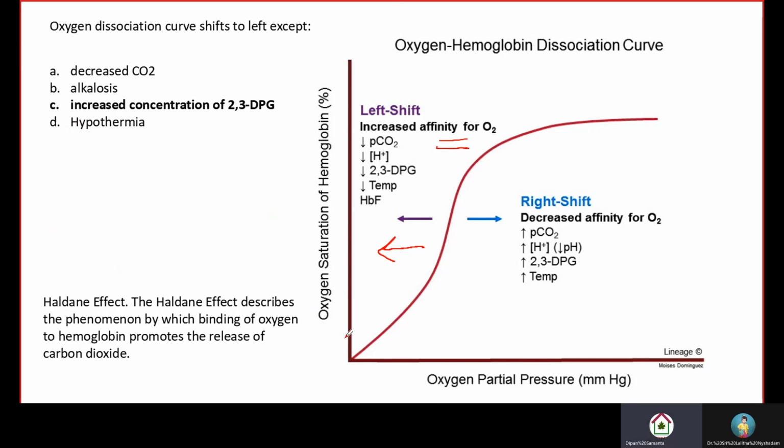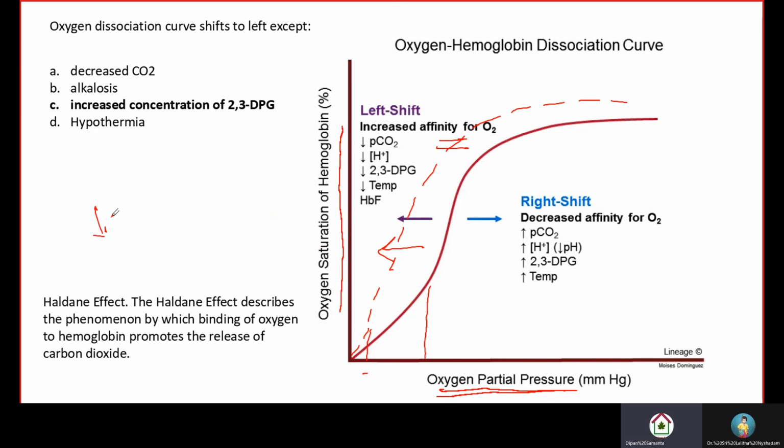That means if the graph is like this, with less partial pressure of oxygen, the oxygen saturation of hemoglobin can increase.